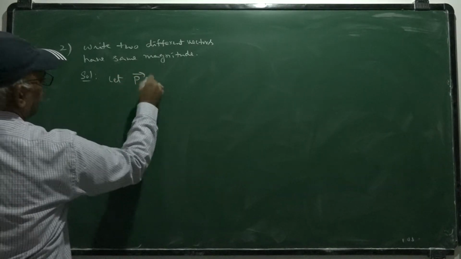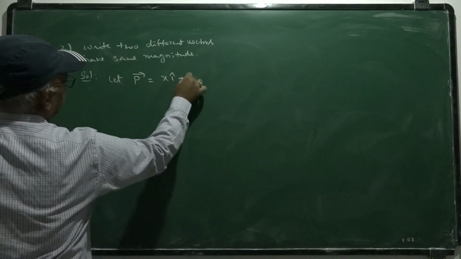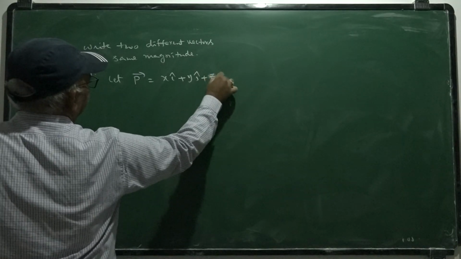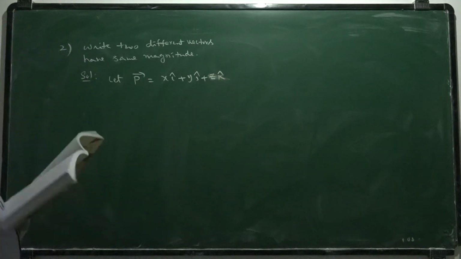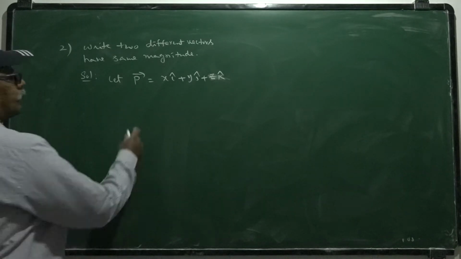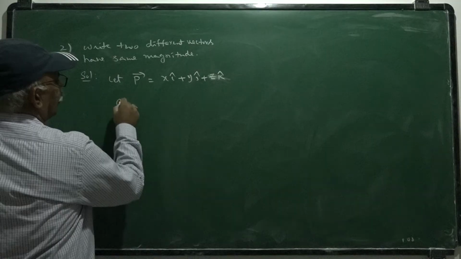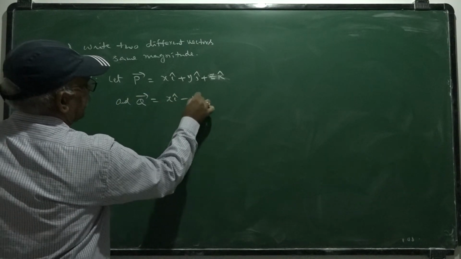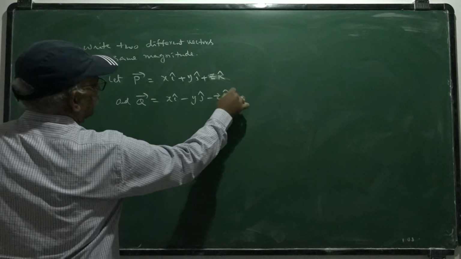Let us suppose P bar is xi plus yj plus zk. And Q bar, let us consider, as xi minus yj minus zk.